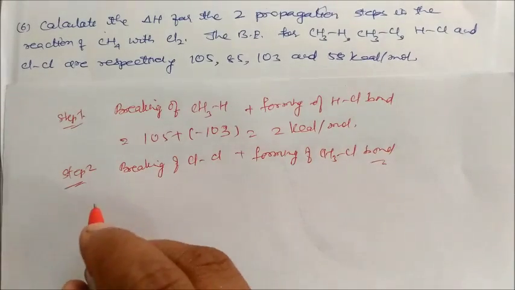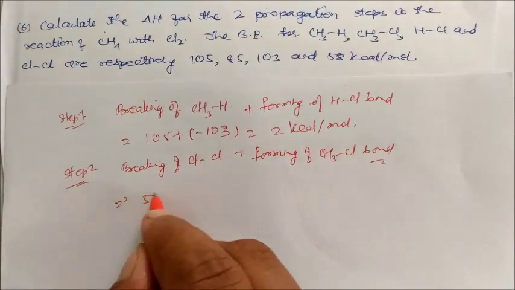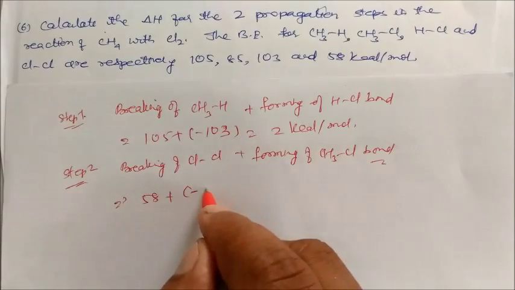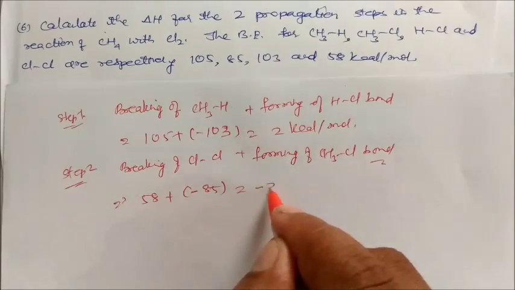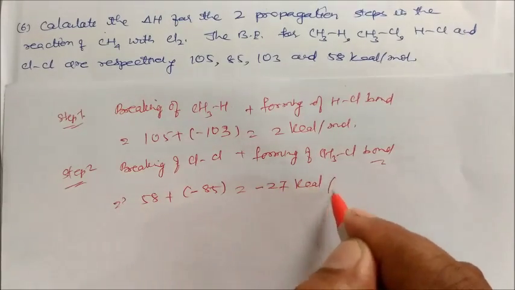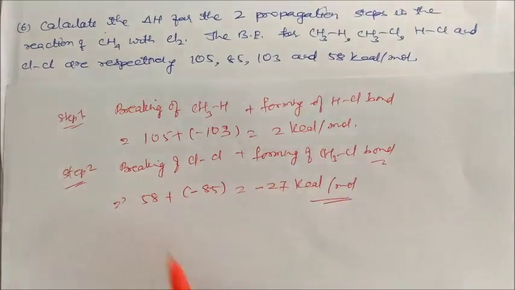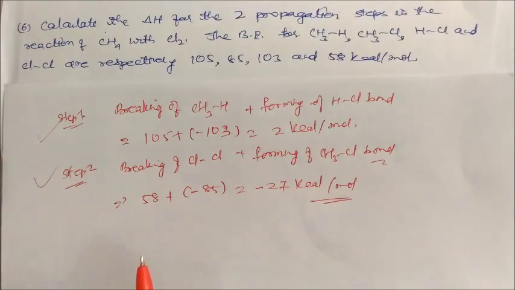This is the second step. So you will get 58 plus minus 85, so the answer is minus 27 kilocalorie per mole. So these are the two propagation steps for this reaction.